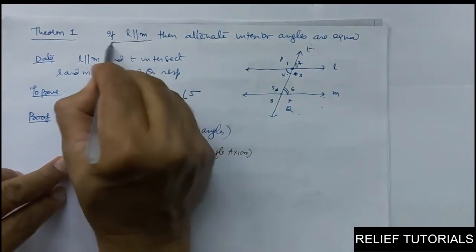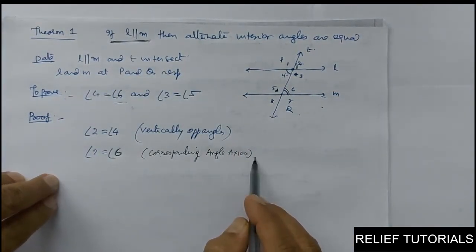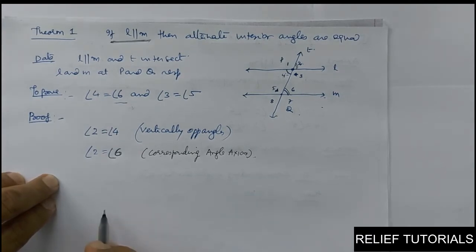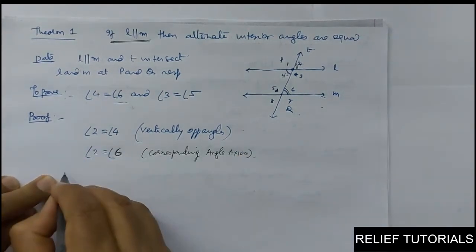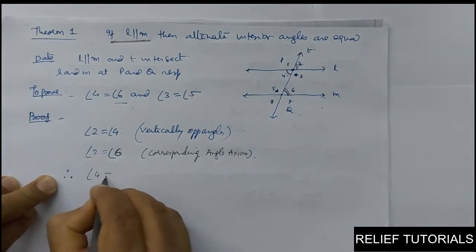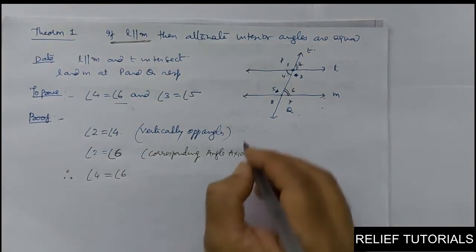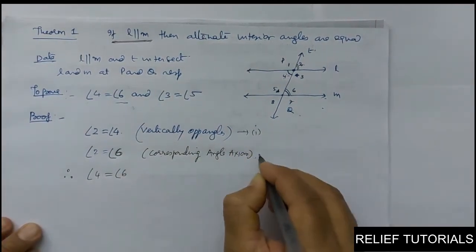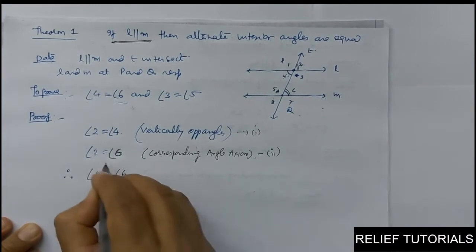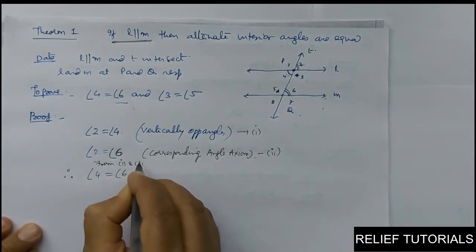Here it is given that the lines are parallel. So if lines are parallel, corresponding angles are equal. That is called the corresponding angle axiom. Now, therefore we can say 2 is equal to 4, 2 is equal to 6. So therefore we can say 4 is equal to angle 6. Okay, this is one you can take. You take this as 2. So we can say from 1 and 2.